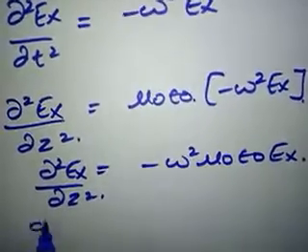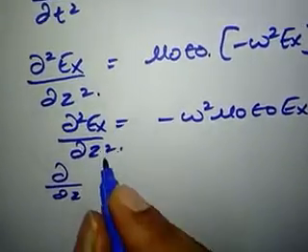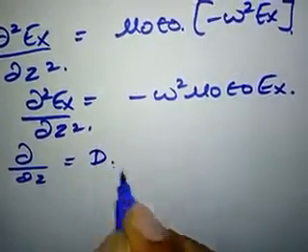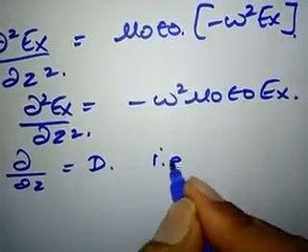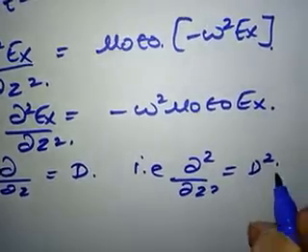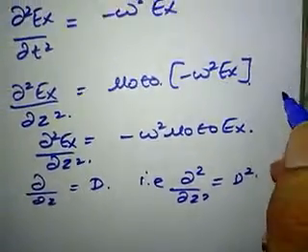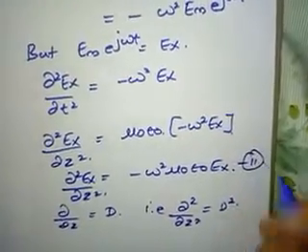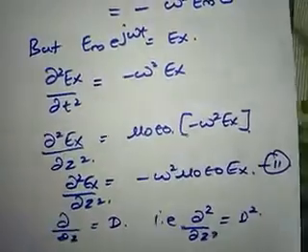Okay, so dou by dou z, if I take it as d, the differential operator d, that is dou square by dou z square is equal to d square. Let us take this equation as 11. Wherever it is dou by dou z, substitute as the differential operator d.